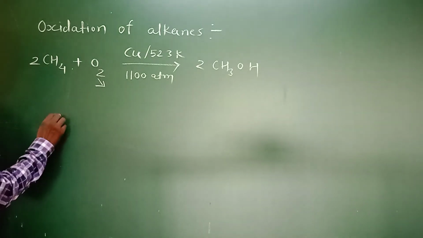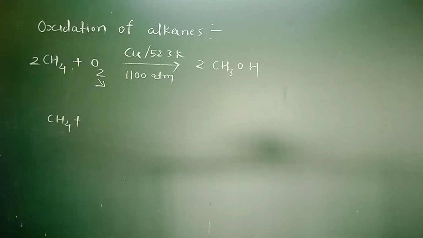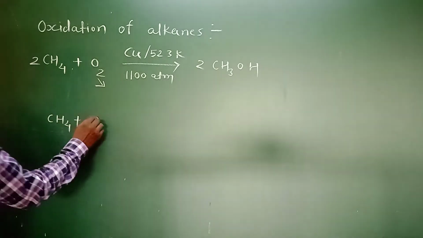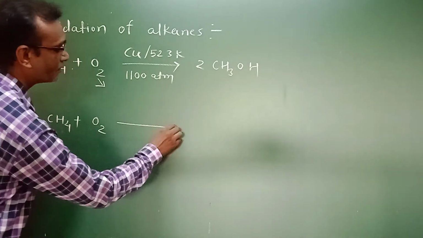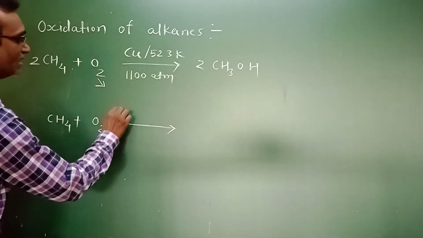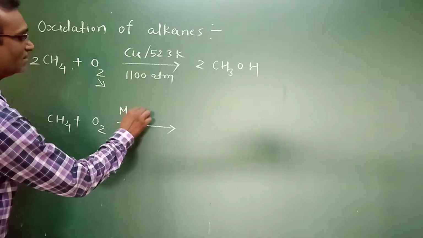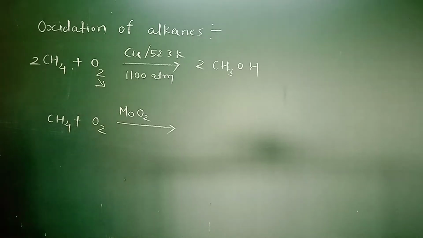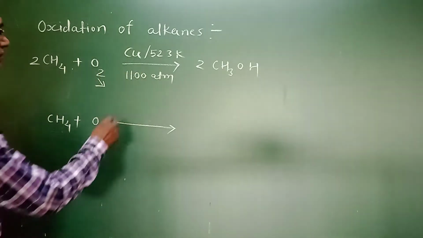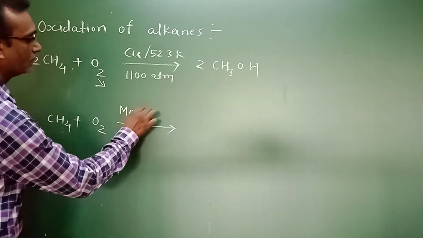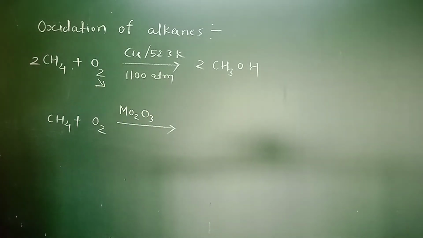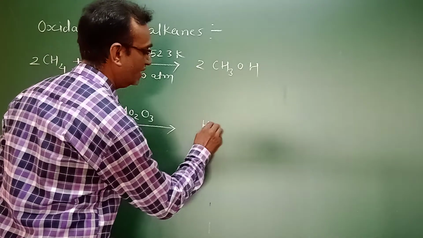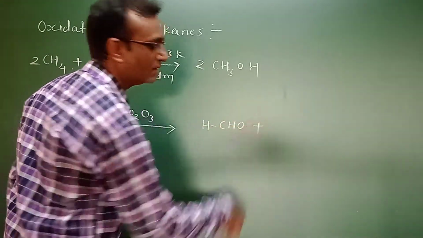Now let us see another example. If methane is oxidized by using O2 and molybdenum oxide, Mo2O3, then the reaction product will be formaldehyde.